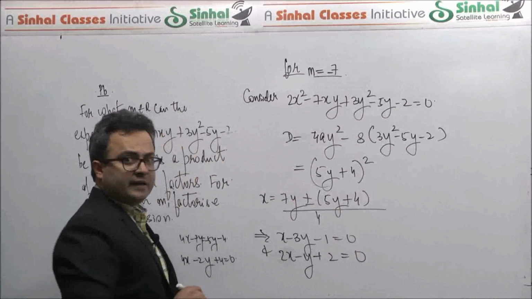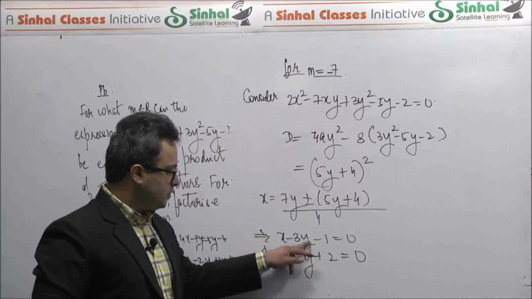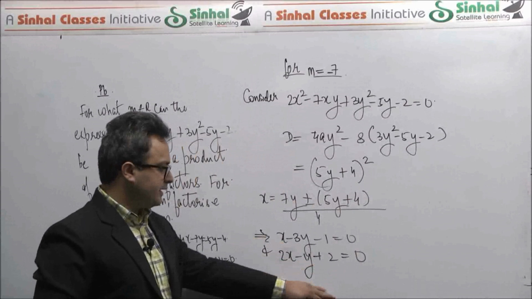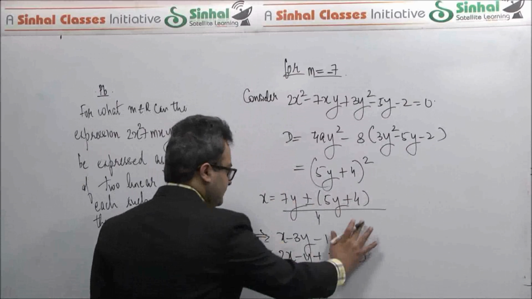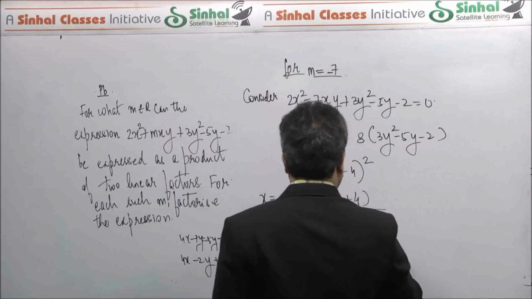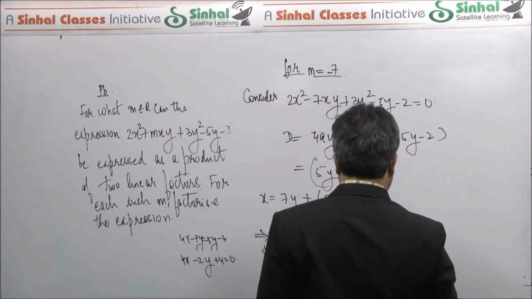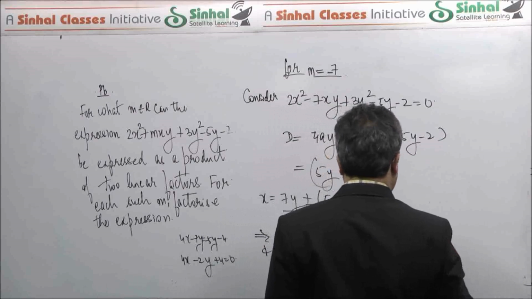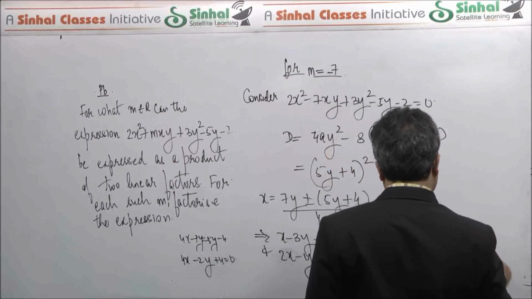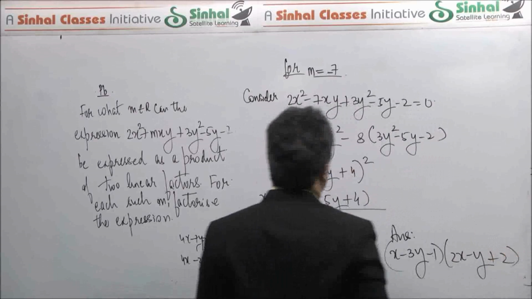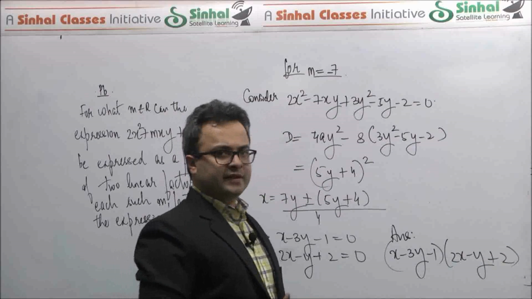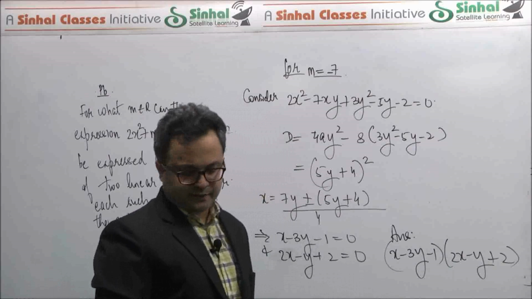So when I apply the quadratic formula, these two factors turn out to be the corresponding linear equations, and these must be the corresponding linear factors. So my factorization is, right. So this should be the answer for the case when m is equal to minus 7.